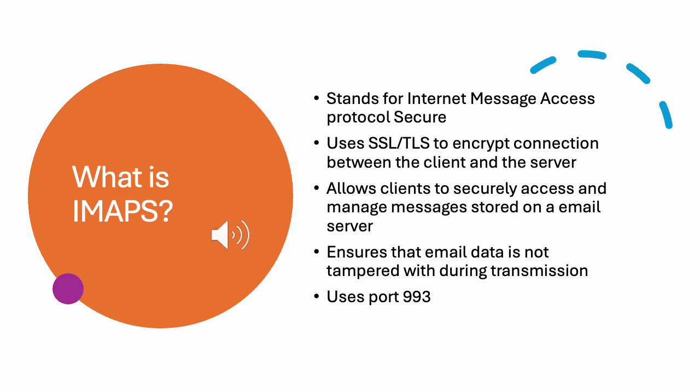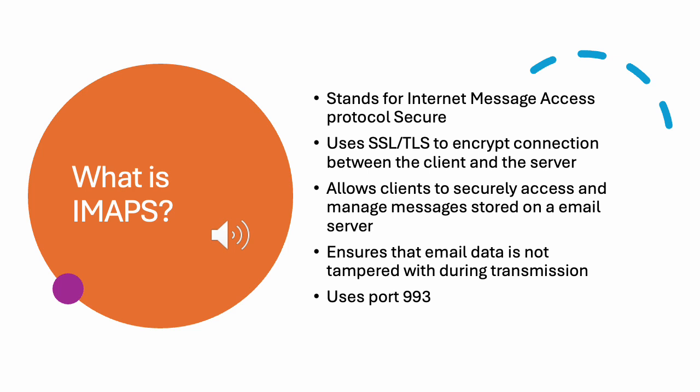One of the key benefits of IMAPS is that it prevents email data from being altered or intercepted during transmission, because emails often contain sensitive information. Encryption is crucial in preventing cyber threats such as man-in-the-middle attacks.